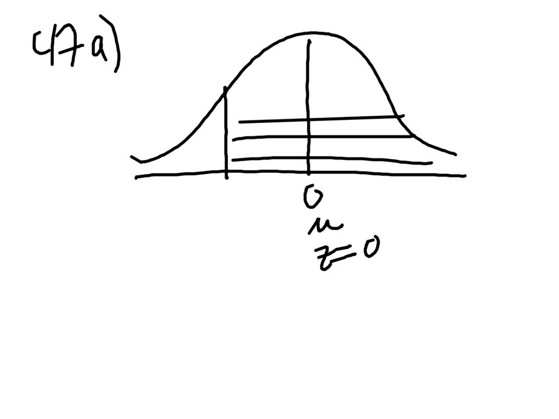Remember, we're going backwards now. Instead of going from a Z to an area, we're going from an area to a Z. And this area here is supposed to be 0.9887.